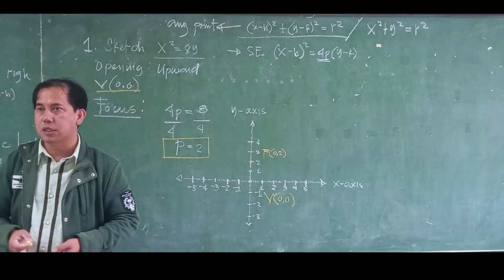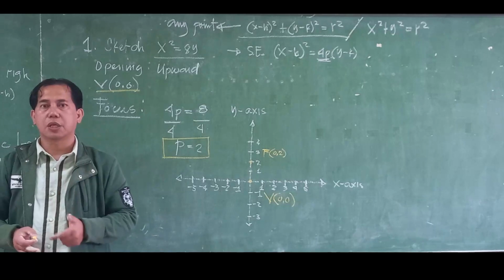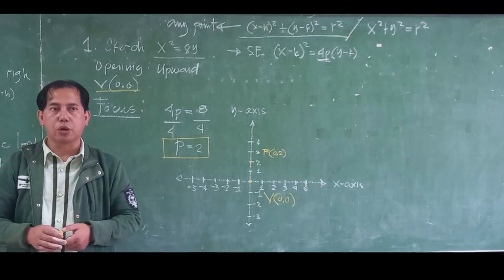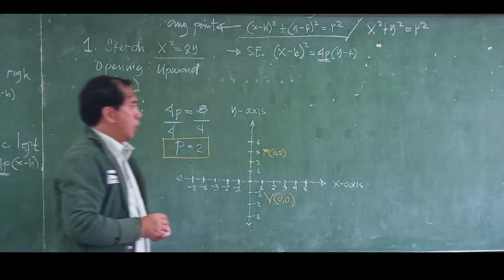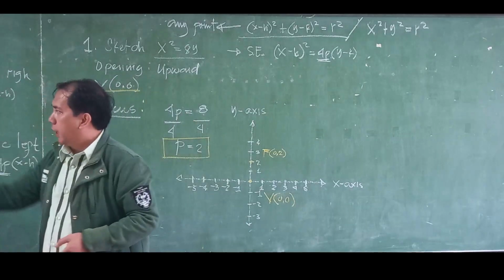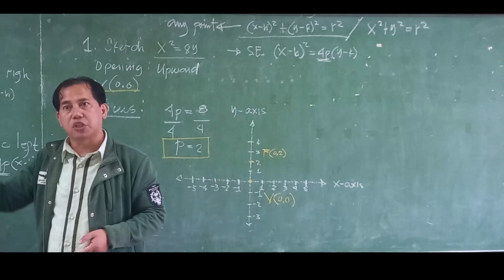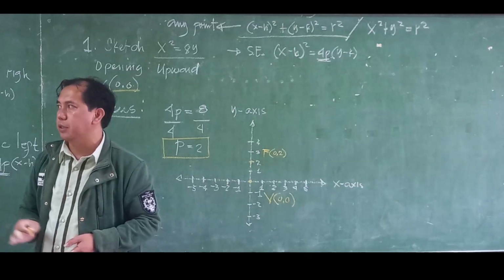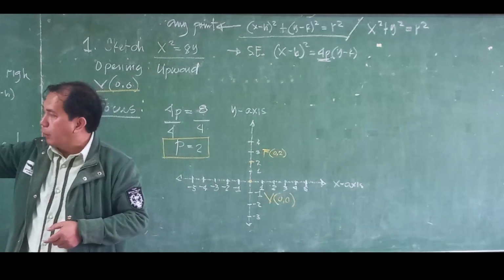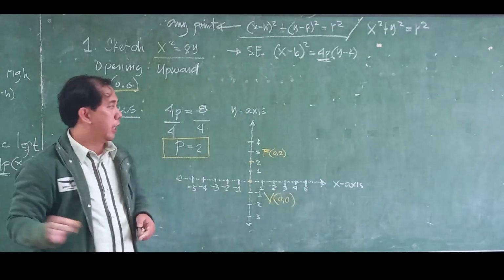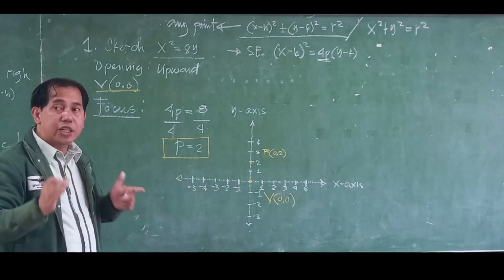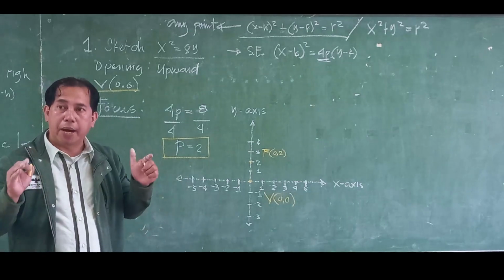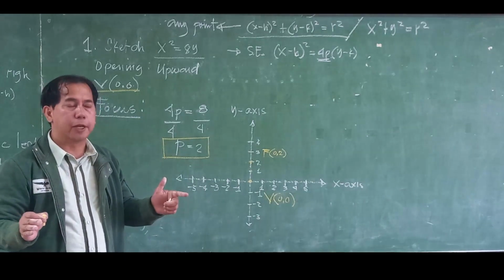Now, what would be the next? Definitely, the measure of the latus rectum, to get the endpoints. Okay? Now, I said a while back that one of the sides of the latus rectum has a measure of 2p. And so, with that, we can immediately compute the actual measure of the latus rectum. Okay?